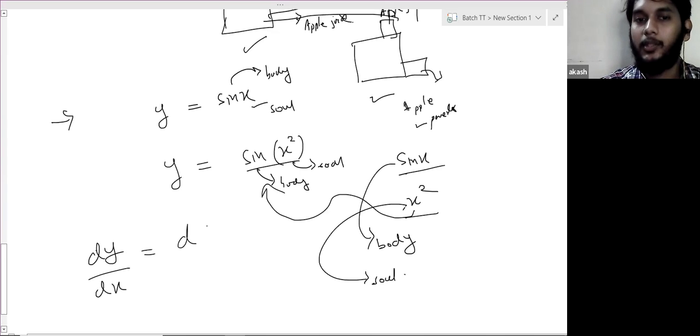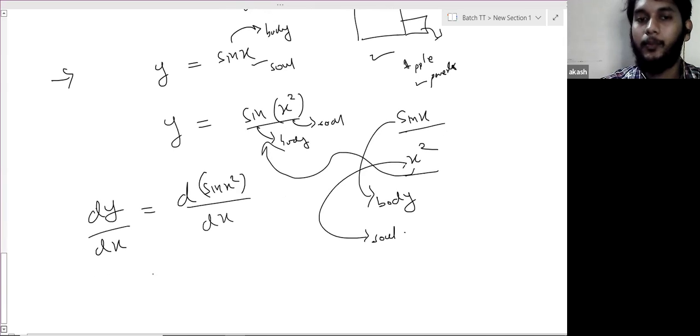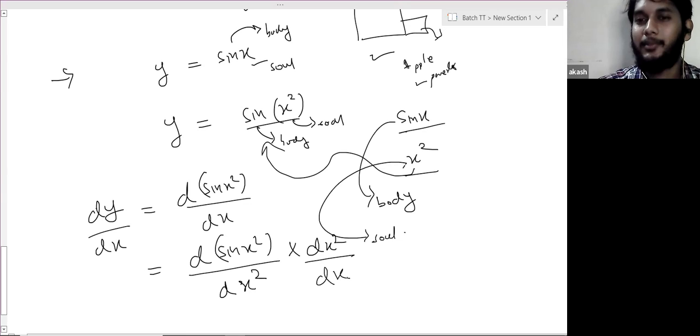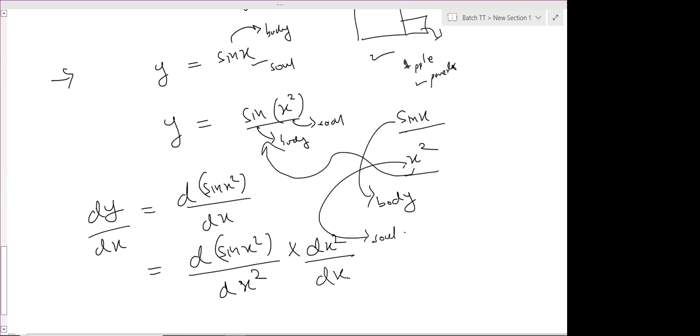So differentiate sin x square with respect to x. This is our goal. So first we try to separate the soul, the bad soul, out of the body. Then we capture that soul in a glass bottle. Relatable? Yes or no? Yes, sir.